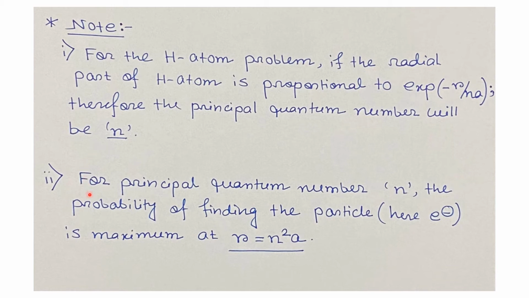And for principal quantum number n, the probability of finding the electron in the hydrogen atom problem is maximum at r equals n²a. So if we use this relation, in the given question the n value is 2. So the most probable distance will be r equals 2²a, that is 4a. So our γ value will be 4 in that case.